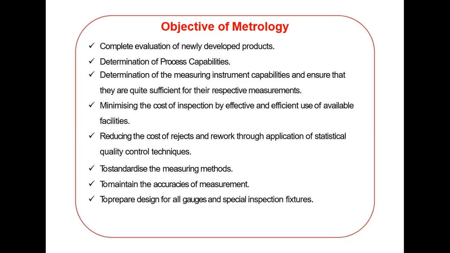But you can take a measurement above 30 with the vernier calipers. So you can measure freely by using the vernier calipers. So that is the instrument capability. So based upon the measurement also we determine the instrument capability.